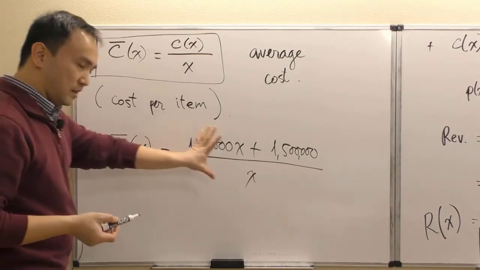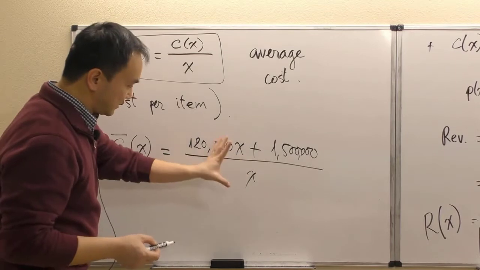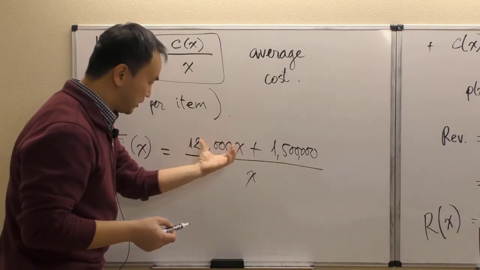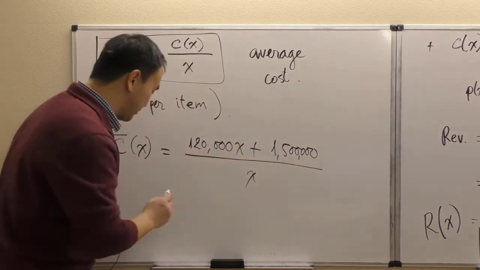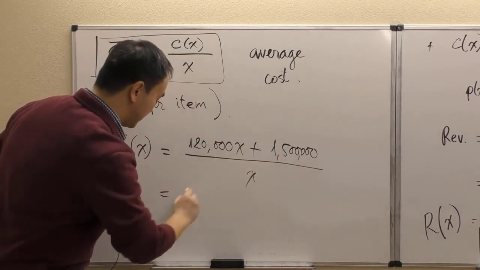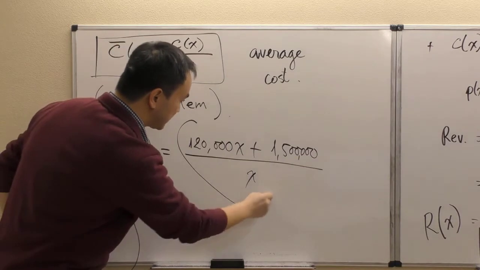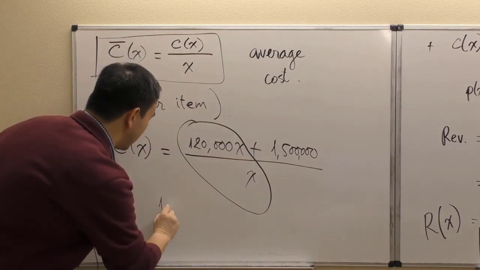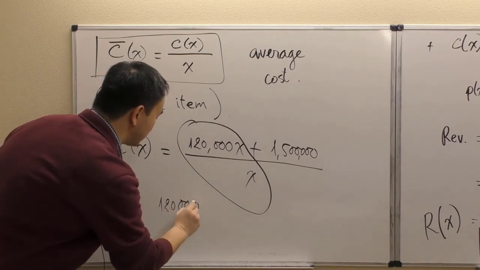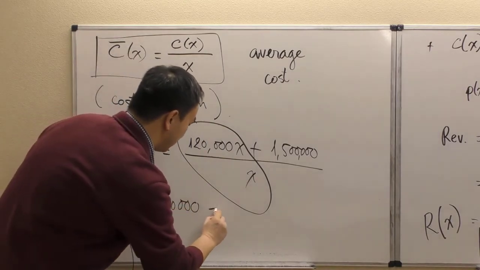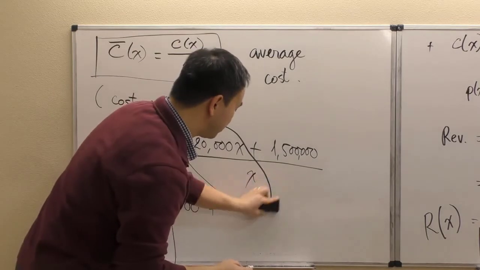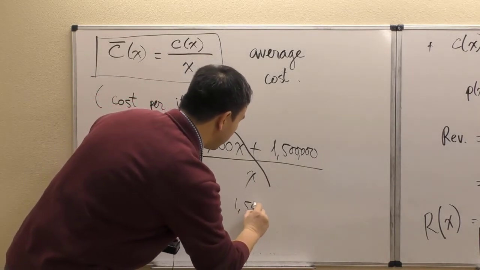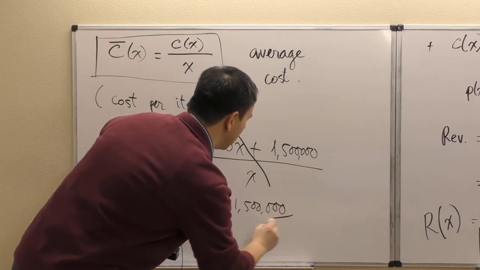A little bit further algebraically, you can see that this fraction has two terms in the numerator. So algebraically, we can break it into two separate fractions and cancel out the x here. So the first term becomes 120,000, just that, plus the second term becomes 1.5 million over x.